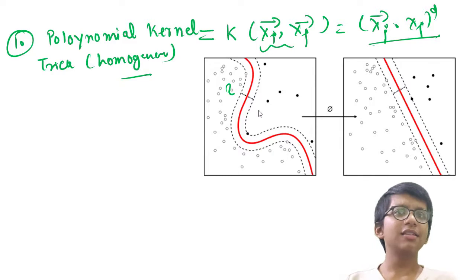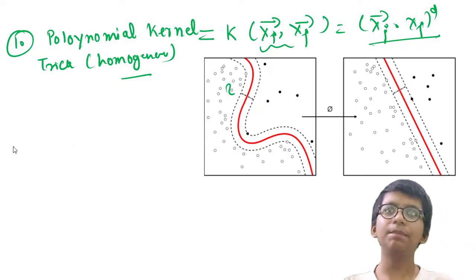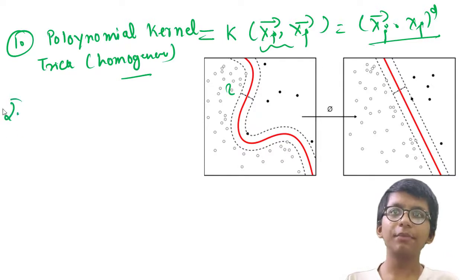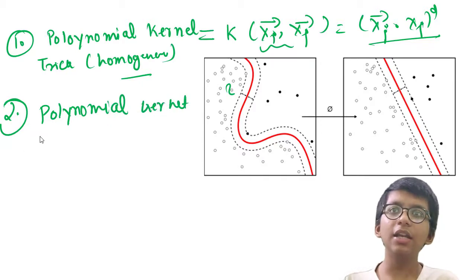So this one uses just xi and xj, the vectors, which are data points. Then there's the second type, called the inhomogeneous polynomial kernel.